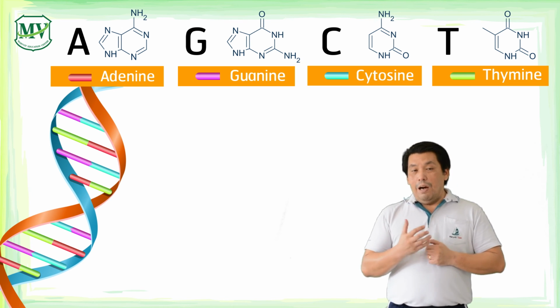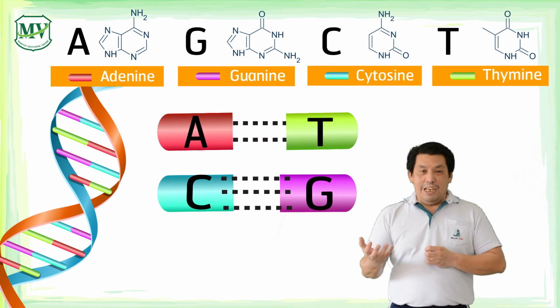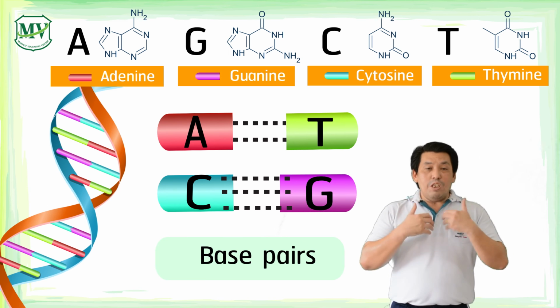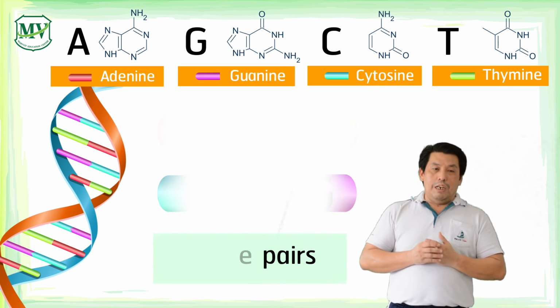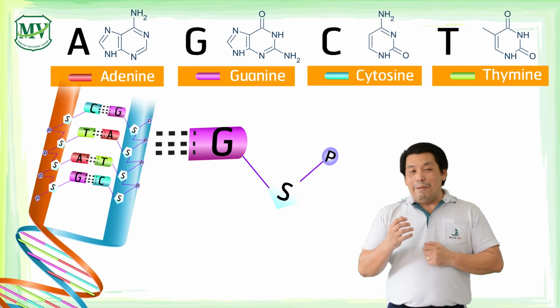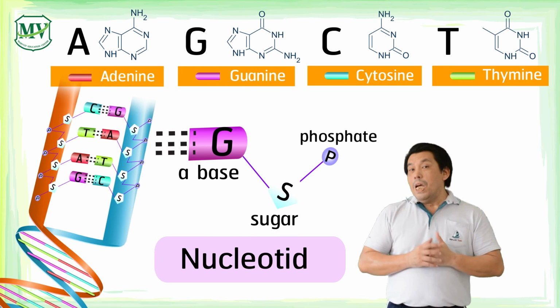DNA bases pair up with each other, A with T and C with G, to form units called base pairs. Each base is also attached to a sugar molecule and a phosphate molecule. Together, a base, sugar, and phosphate are called a nucleotide.